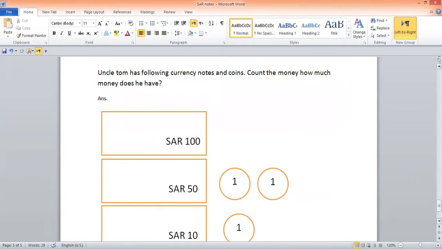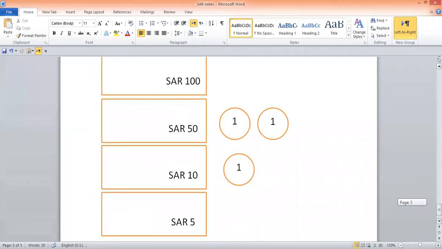Now we have one question, guys. Again, the same example. Uncle Tom has the following currency notes and coins. You have to count the money and tell how much money he has right now. So I show you here the currency notes. This is a currency note of 100 real. This is a currency note of 50 real. This is a currency note of 10 real. This is a currency note of 5 real.